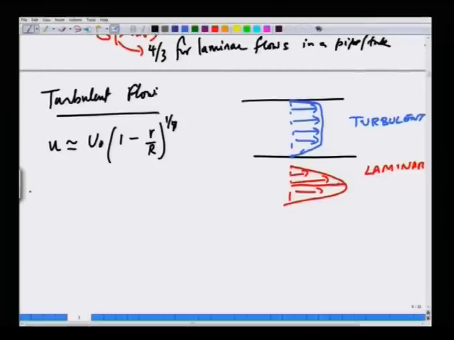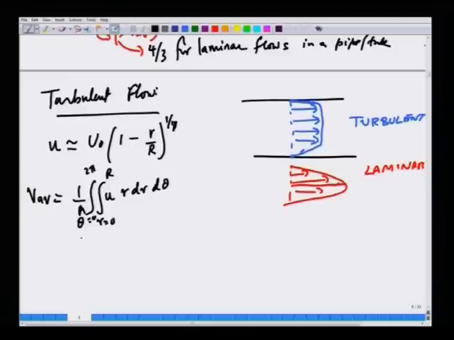Let us first calculate the average velocity. The average velocity is 1 over A integral u dA, which is r from 0 to R, theta from 0 to 2 pi, u, which is this expression, times r dr d theta. If you do this, which I won't do the algebra fully, the answer you will get is 49 by 60 u naught.